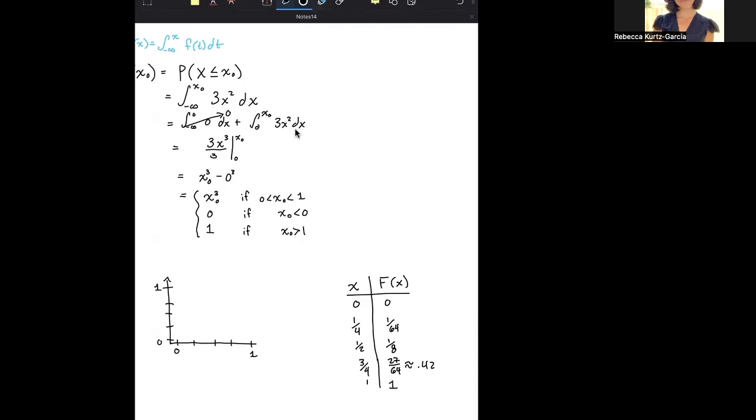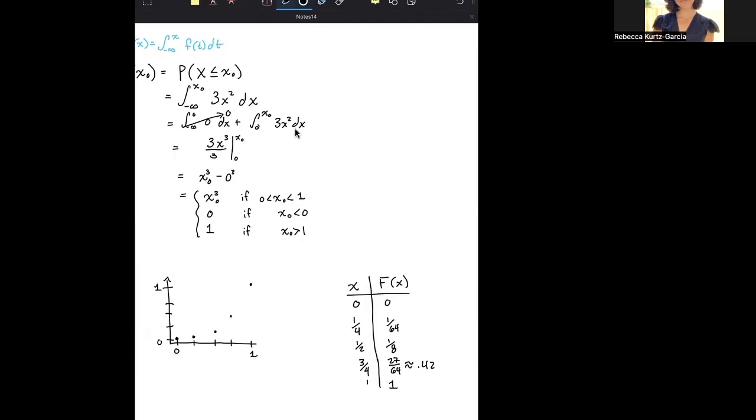So drawing this out, 0 and 0, 1/4 and 1/64, it's still really close to 0. 1/2 and 1/8, and with my current scale, it's still pretty low. 3/4, it's about 0.42, that's almost at the halfway point. And at 1, we're near 1.